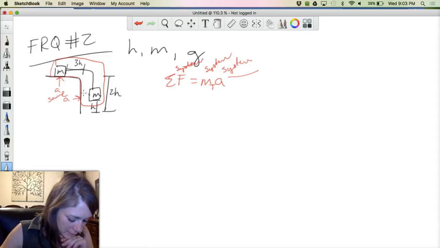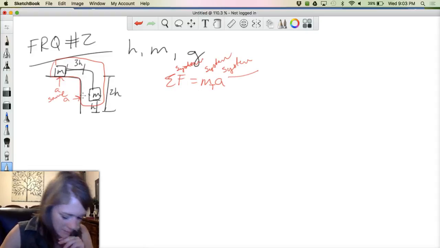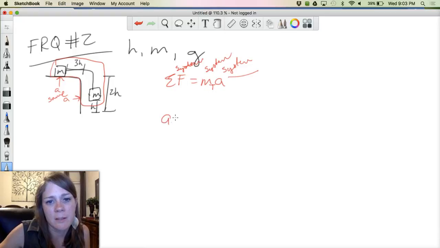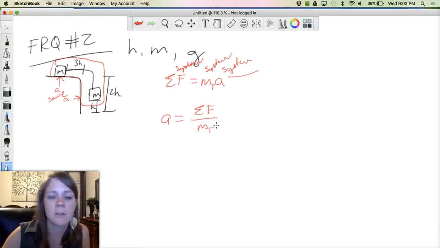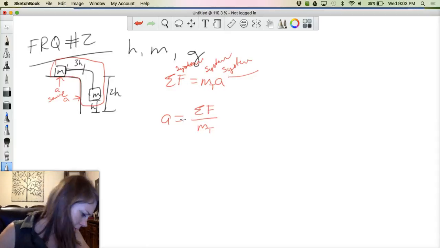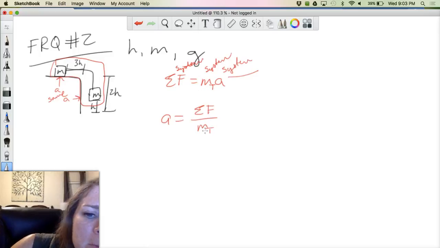All right, acceleration of the block. I can rearrange this and say acceleration is equal to the sum of the forces divided by the total mass. The acceleration is always going to be a ratio of the sum of the forces to the mass.